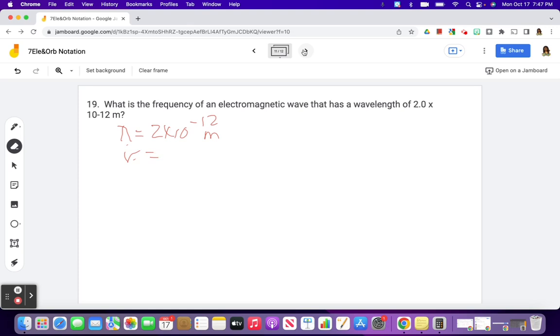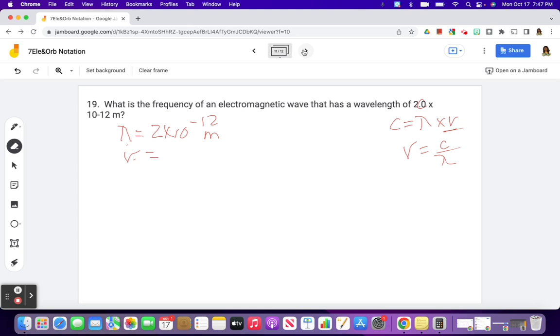And when you have frequency and wavelength, we know to use the speed of light equation. Speed of light is C equals wavelength times frequency. So we're trying to solve for frequency. Therefore, frequency is going to be speed of light divided by wavelength.